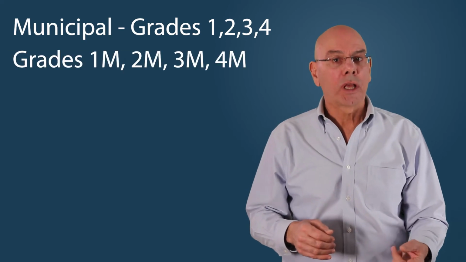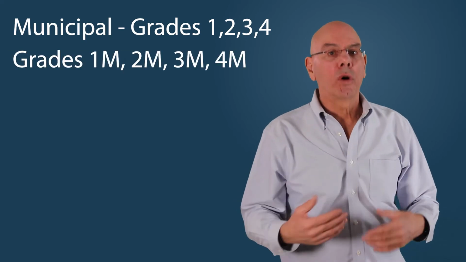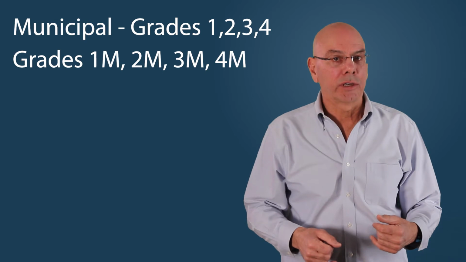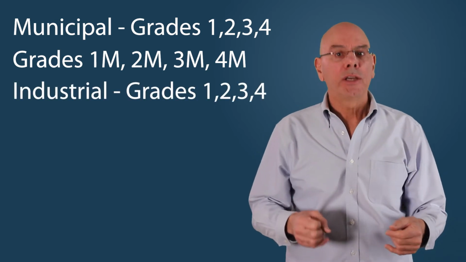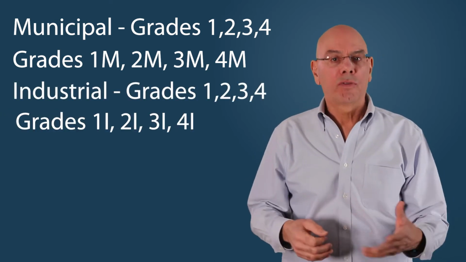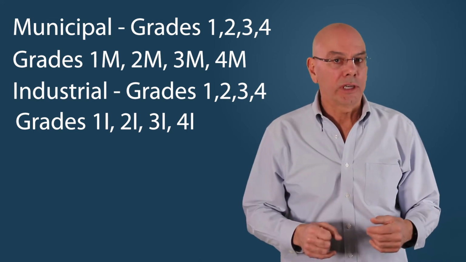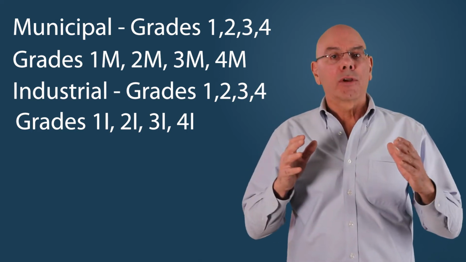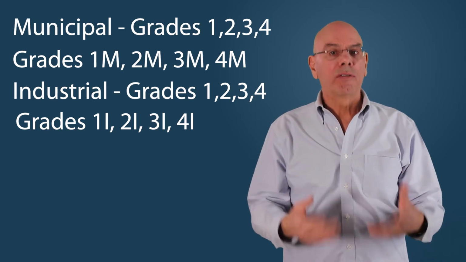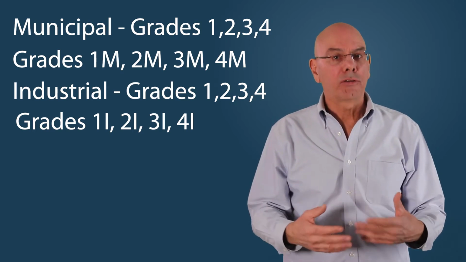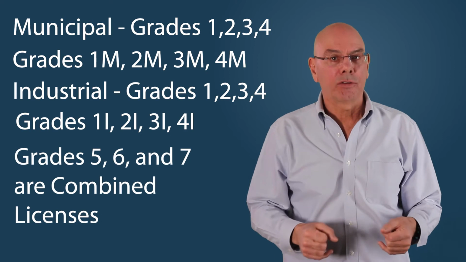On the municipal side, you can hold a grade 1 through 4 license by passing the grade 1 through 4 municipal wastewater exam. On the industrial side, you can hold a grade 1 through 4 license by passing the grade 1 through 4 industrial licensing exam. Now, there are 3 grades of licenses above a grade 4, and all of these are called combined licenses.